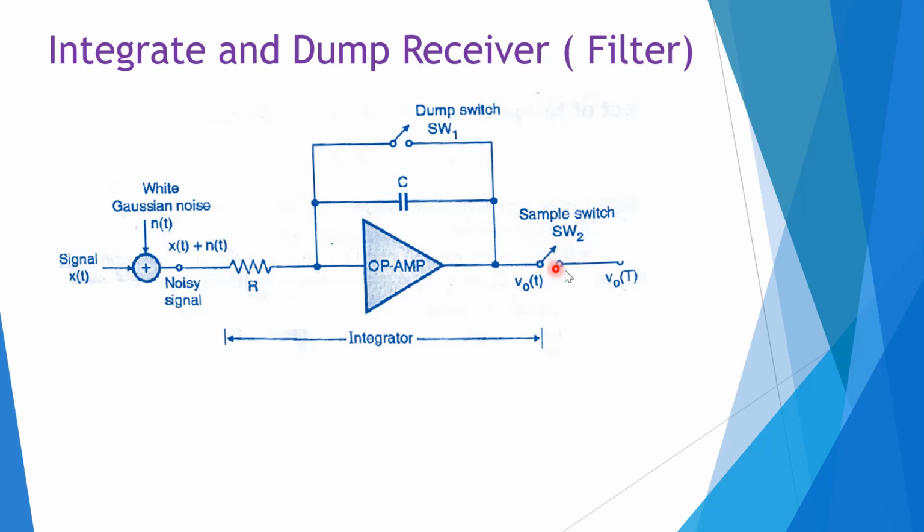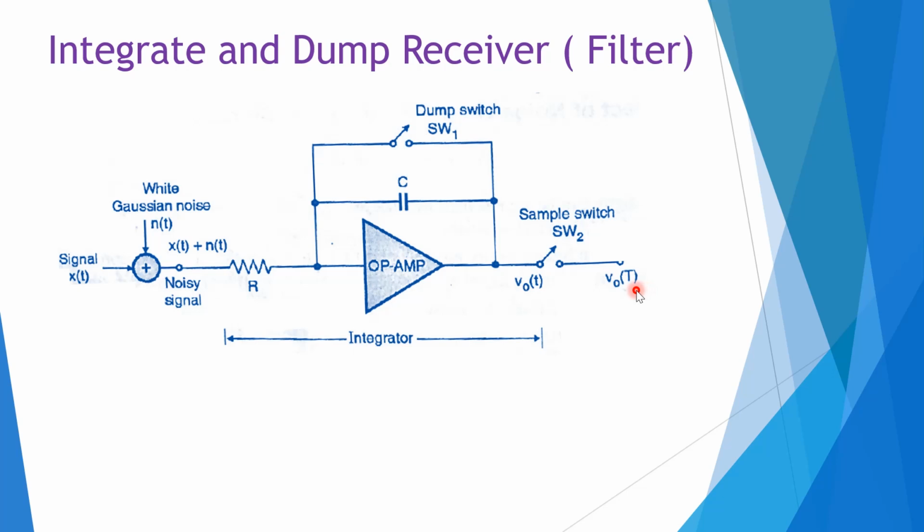Sampling will be done for 1 bit duration. After that the output will be available at this point, known as V0 of t. Here first the noisy signal will be integrated, then it will be sampled for T duration, and then we will get our output back.